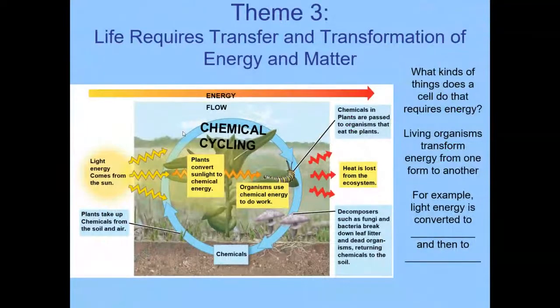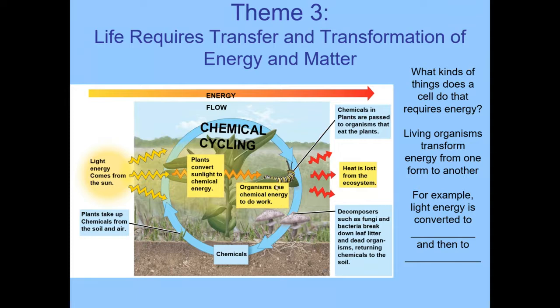Okay, the third theme is that life requires that energy and matter be transferred and transformed. And probably the best way to think about this is chemical cycling. So we have light energy coming from the sun. Plants and other photosynthetic organisms convert that sunlight energy into chemical energy, or sugars.